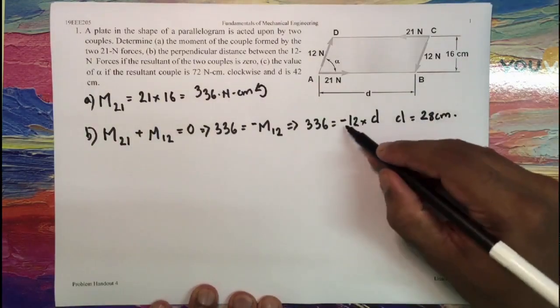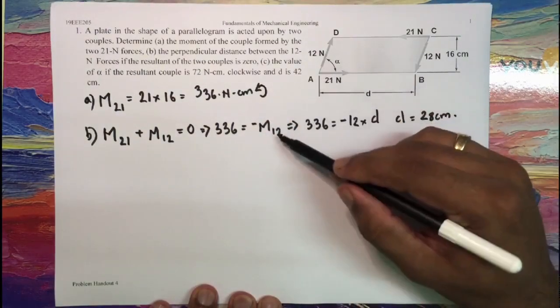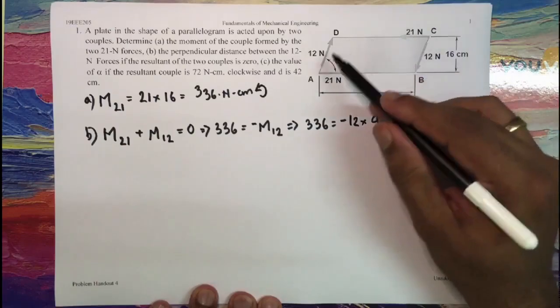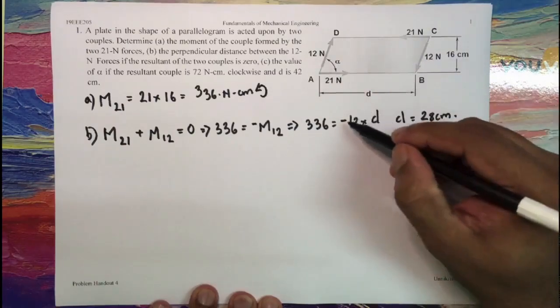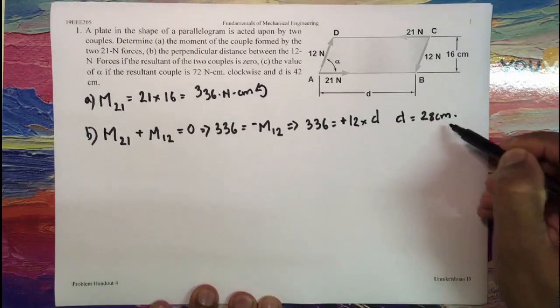The minus sign goes off because I know that my M12 is already in the clockwise direction. So this turns out to be positive, and hence I have my perpendicular distance being 28 centimeters.